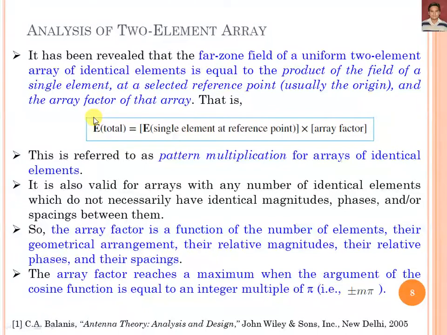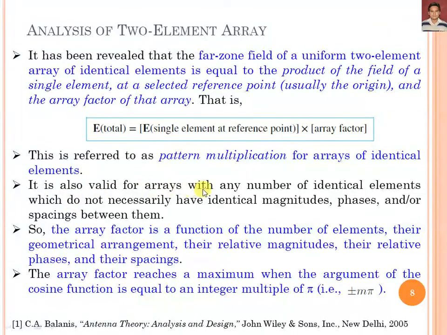Further, when we analyze an n element array, this expression is valid for n number of elements also. This is referred to as pattern multiplication for an array of identical elements, so we can say it is the pattern multiplication theorem.